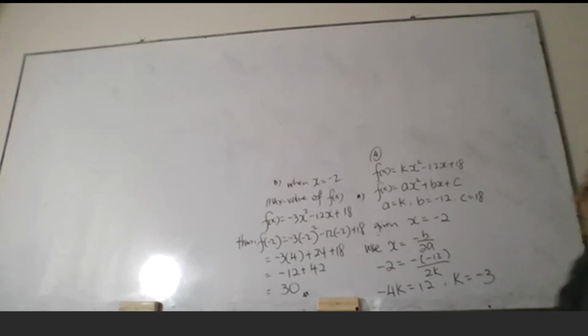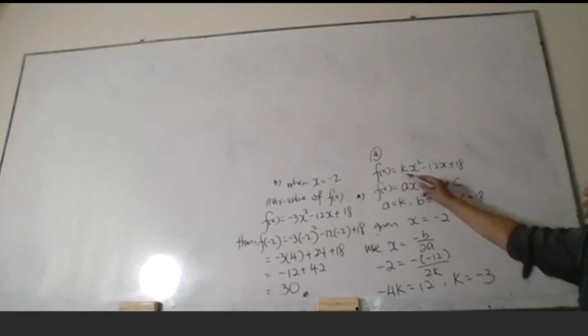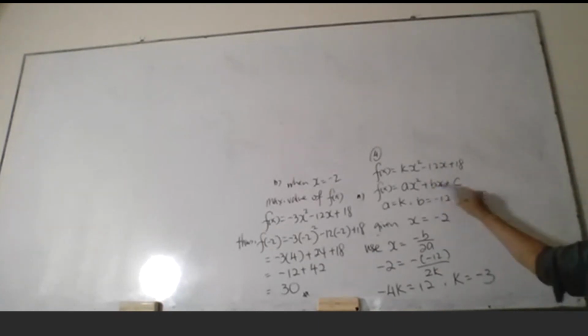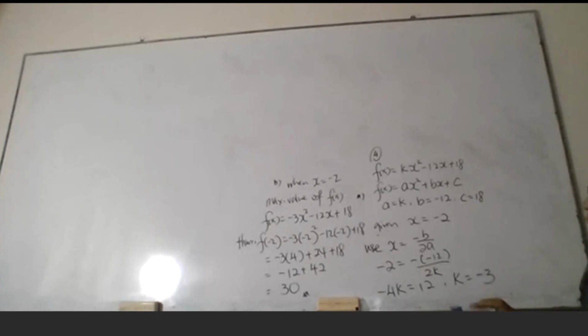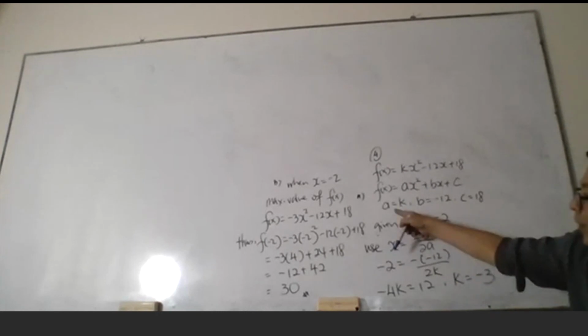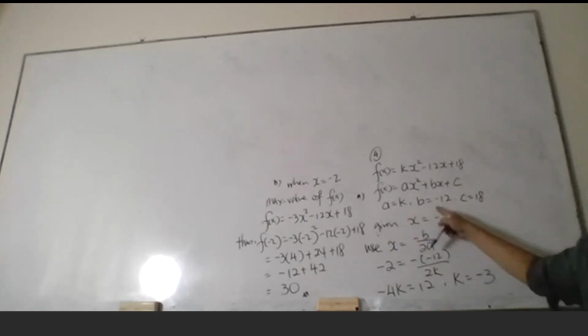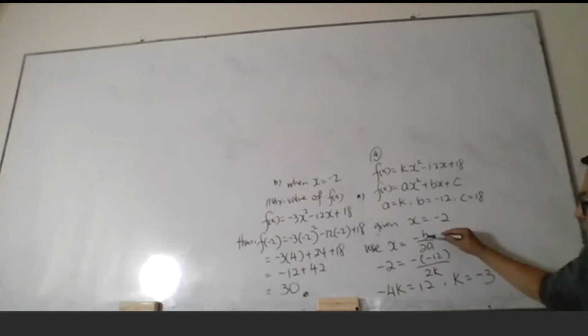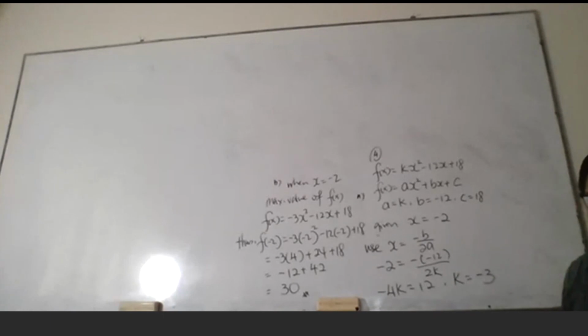Remember, the general form of a quadratic function is ax squared plus bx plus c. First of all, we determine the value of a and the value of b. Using -b over 2a, you can find your x coordinate. Another name for the x coordinate is the equation of the axis of symmetry.